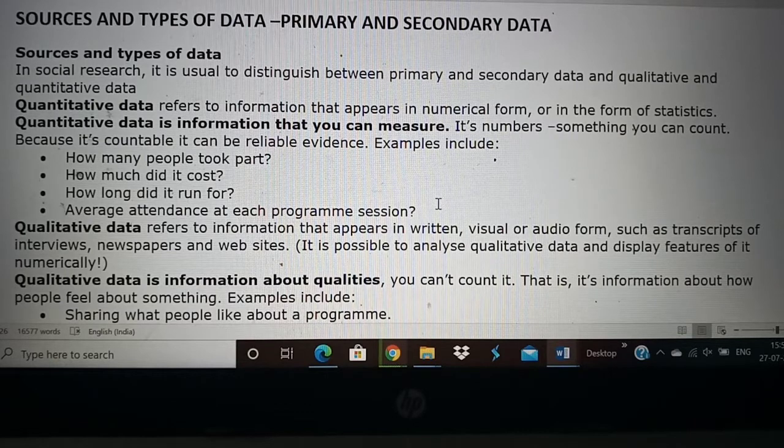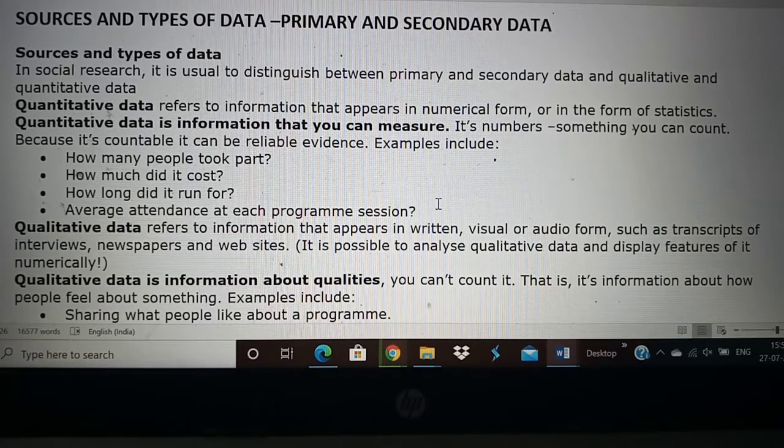So let us see what is quantitative data. Quantitative data is nothing but information that is in numerical form, which can be converted statistically, or it is in the form of statistics. The age of a person, the cost of a treatment, everything which is numbers is quantitative data. Quantitative data can be added or subtracted, and we can create statistics out of it.